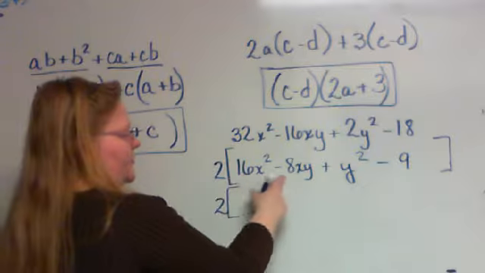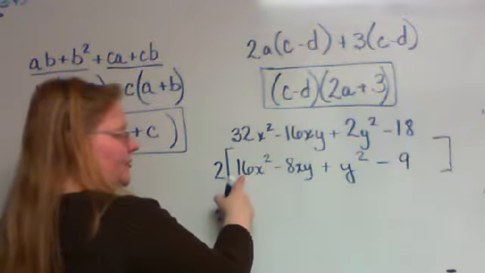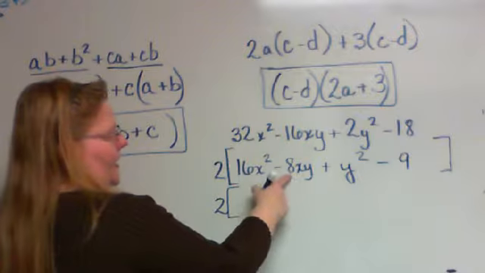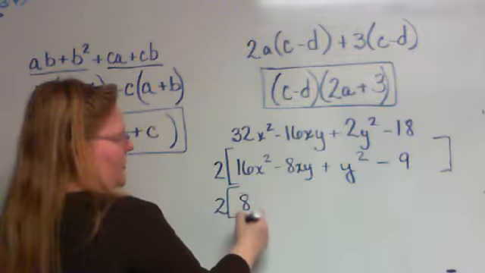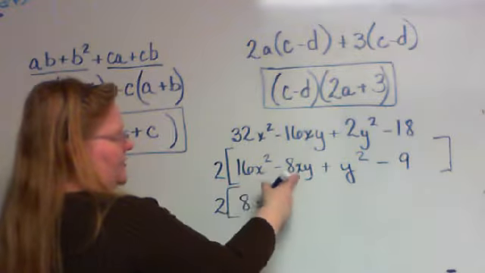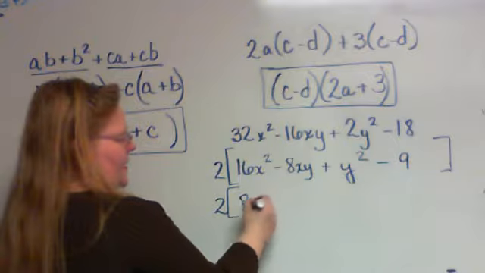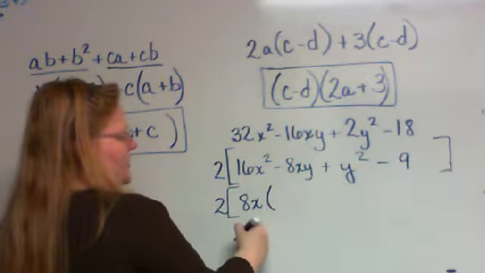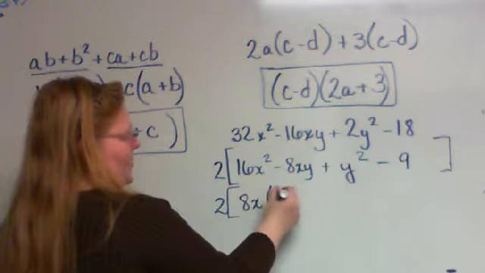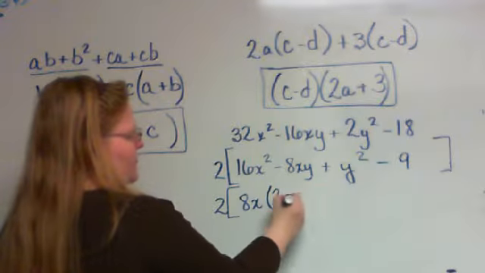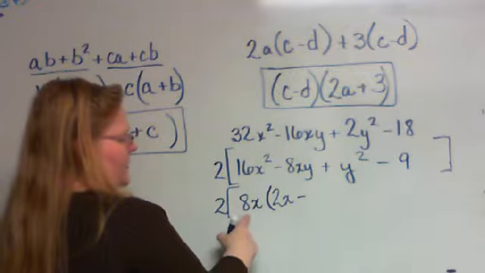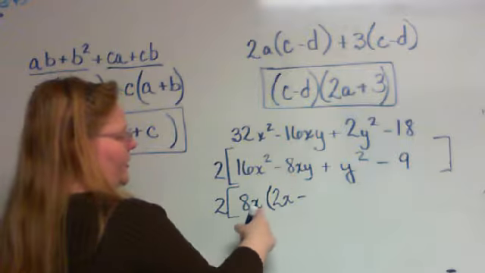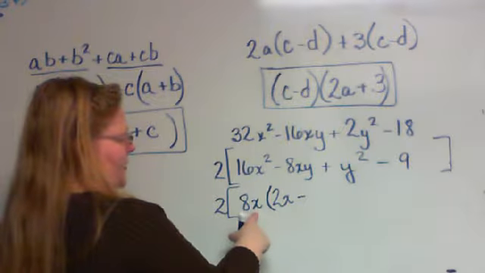So when I look at the first 2 terms to do my grouping, I can take an 8 out, and then I have an x here and an x there, so I can take an x out, but not more than 1. So inside, that leaves me a 2 and an x minus, here when I take the 8 out, I don't have any numbers left inside.